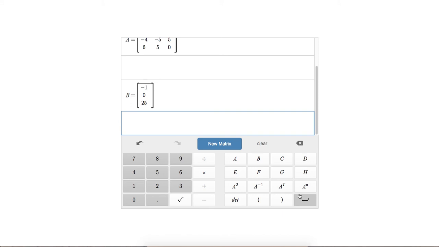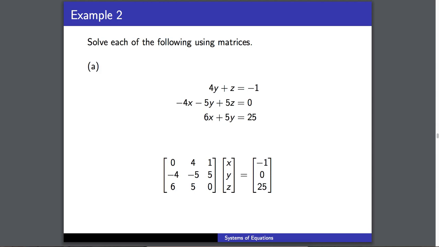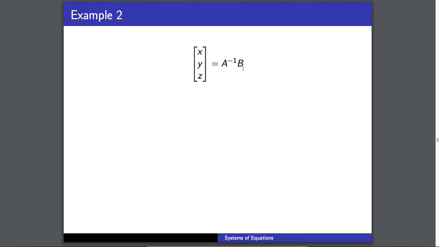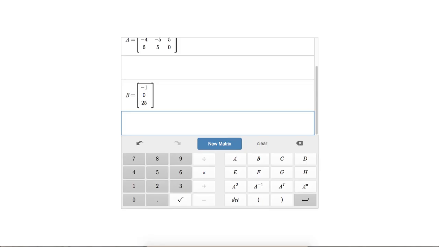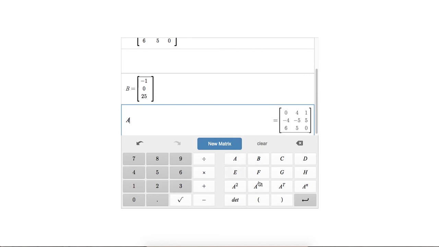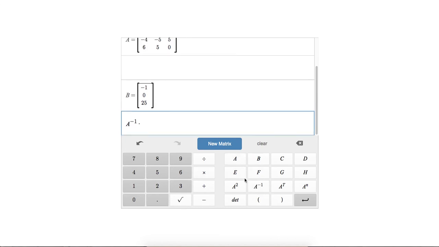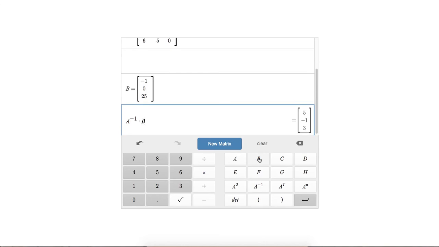Okay, so now matrix A and matrix B are registered, and what we want is the inverse of matrix A multiplied by matrix B. So to get the inverse of A, we hit A and then the inverse, and then we multiply that by matrix B. So what we get are 5, -1, and 3.